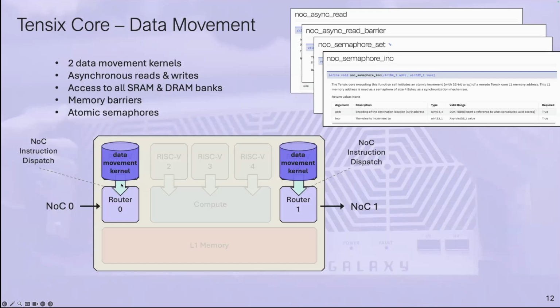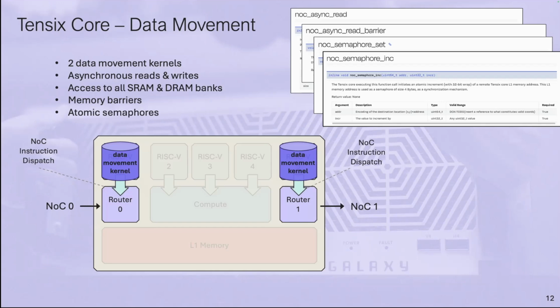For example, if I'm on Tensix core 00, I could say send this bit of data to Tensix core 01, and then synchronize on this. This is a different kind of programming model. You could think of this as something like MPI, where you do sends and receives between cores. You can do that even within this architecture, which opens the door for a lot of different types of programming models.